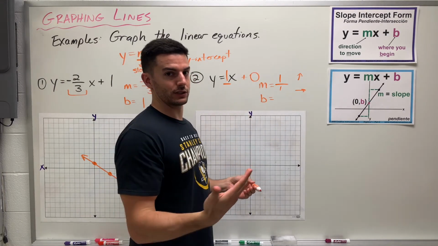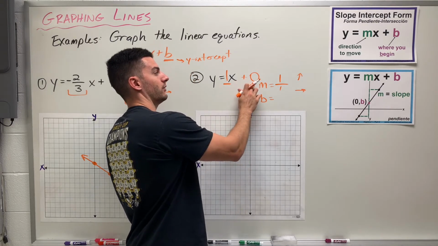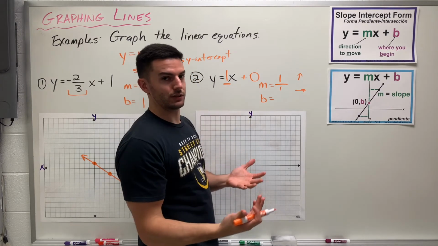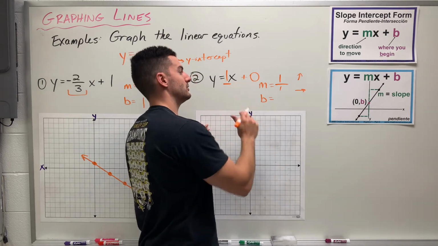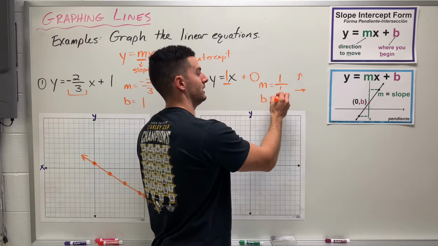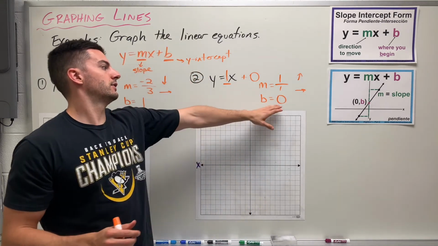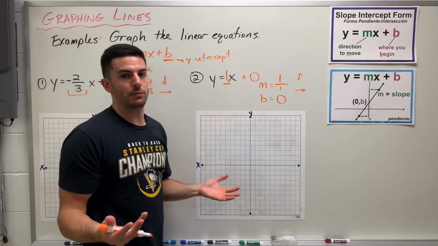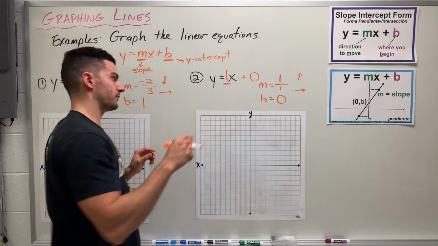Because adding 0 to something, that's your additive identity property. Plus 0 doesn't change anything, like x plus 0 is still x. So that's why it doesn't say plus 0, because you don't really need it. But for our sake, with graphing these lines, it is helpful to add it. So the b value here is going to be 0, and the m value is 1 over 1, okay?